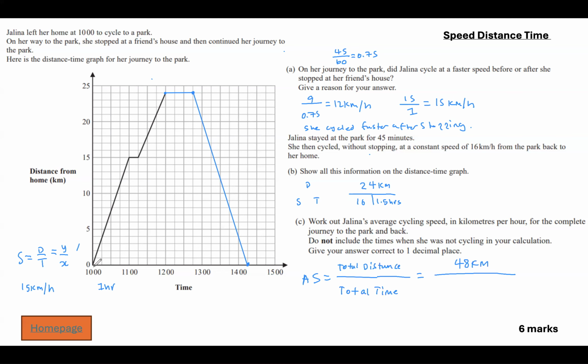So over here, we've got from 10 to 11 is 1 hour. And then here from 11:15, we are going 15, 30, 45 minutes, which is 0.75 hours.